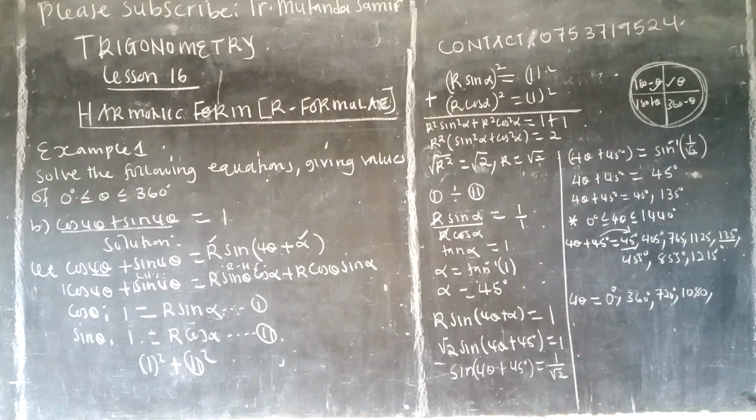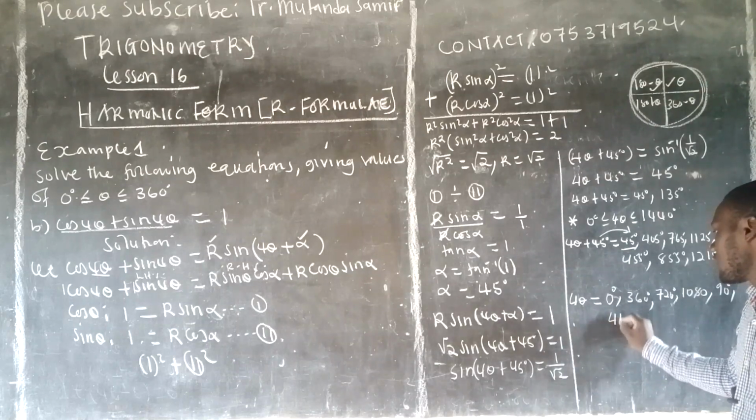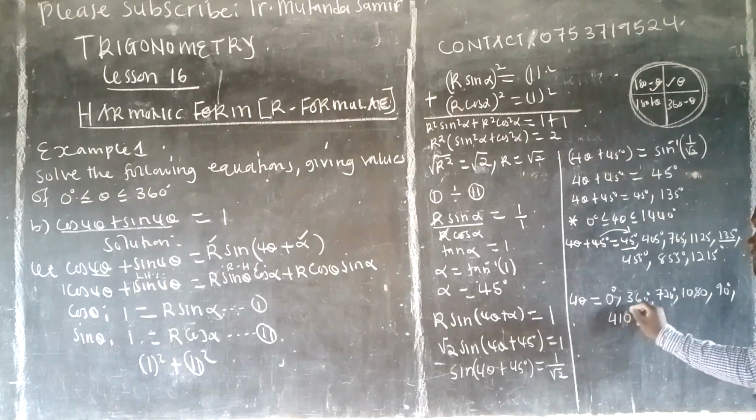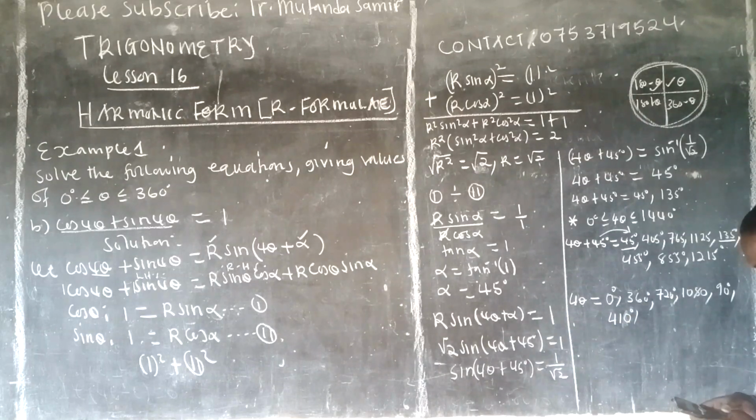135 minus 45 will be 90. Okay, 495 minus 45 will be 450. No, is it 410? 410 degrees, if I'm not mistaken.